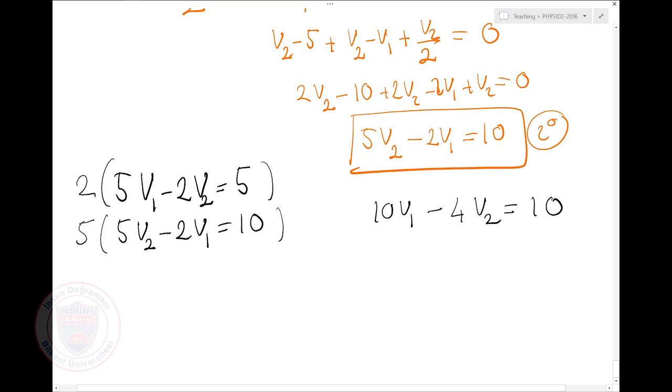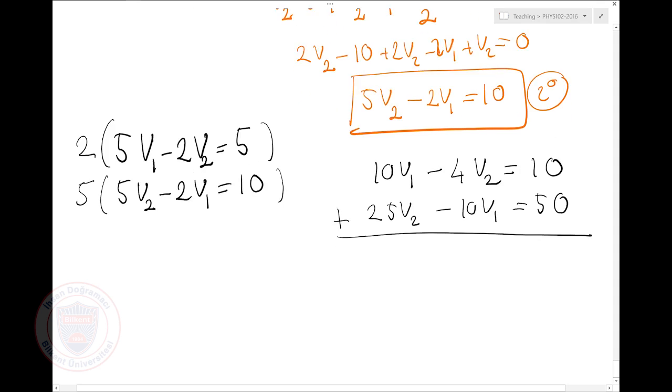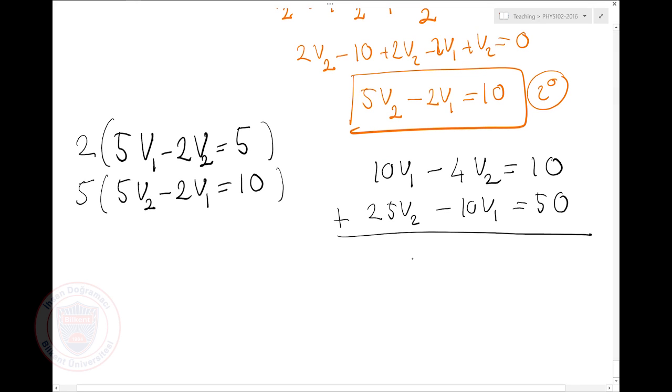And in the second equation I have 25 V2 minus 10 V1 is 50. If I now add these side by side, what do I find? 21 V2 is 60. V2 is 60 over 21 volts.